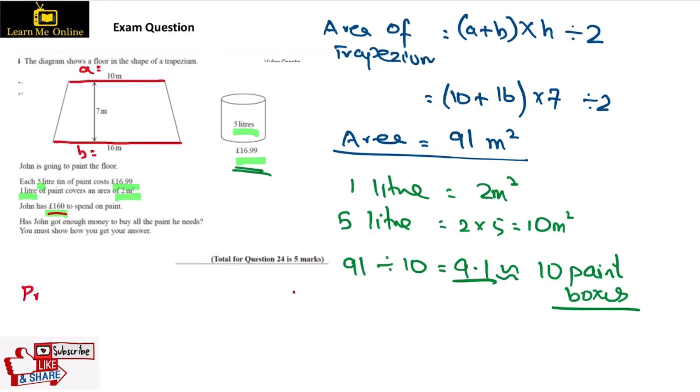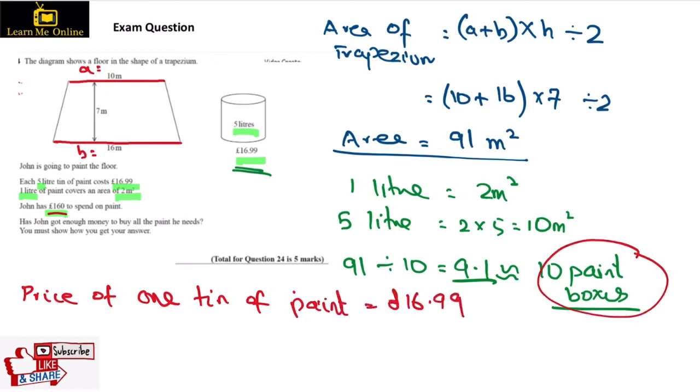To write down the price of 1 tin of paint is £16.99. How many do we need? We need 10 of them. So we're going to do £16.99 multiplied by 10. And that would be, how much money do we need, is 169.9.